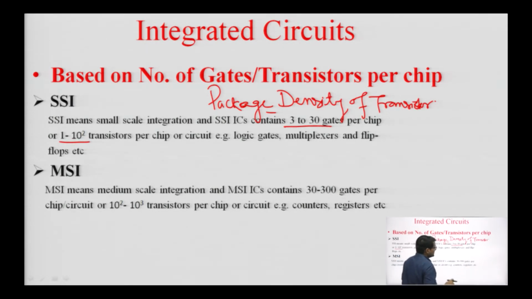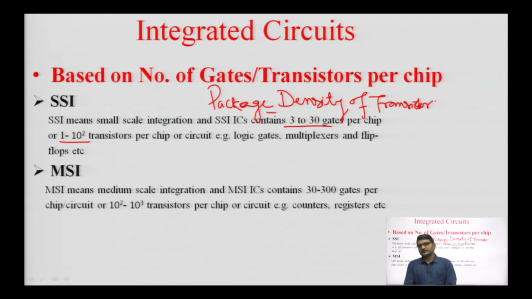SSI means small scale integration, and an SSI chip contains 3 to 30 gates per chip, or 10 to 100 transistors per chip. An example of SSI is logic gates, multiplexer, flip flop.